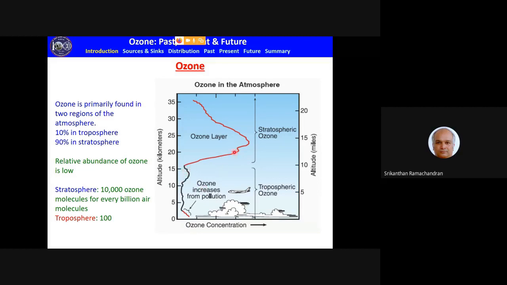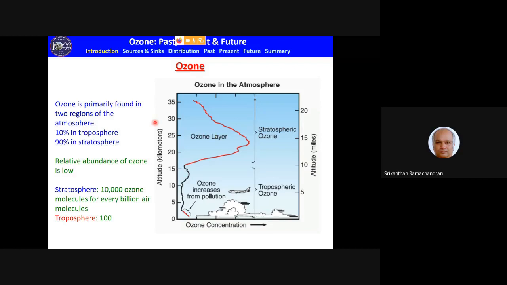So you also see that there is a layer with a peak at around 20 to 25 kilometers in the Earth's atmosphere, and then it decreases as it goes further up. The relative abundance of ozone, despite its important role, is low in the Earth's atmosphere.